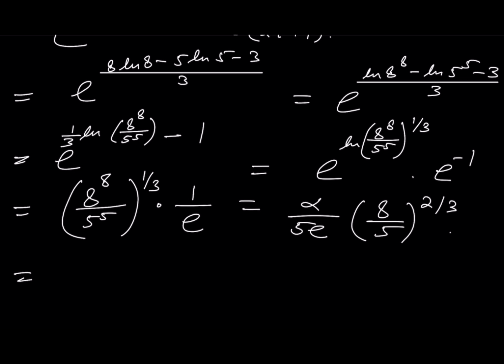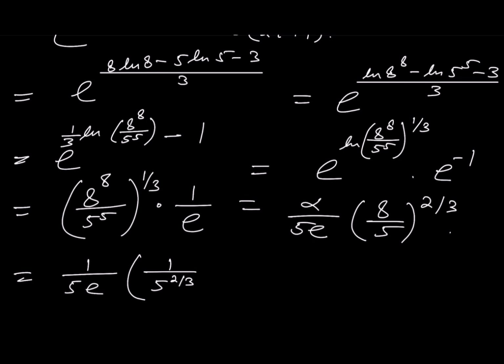So outside I can write 1 by 5e. But this 5 to the power 5 actually has whole power 1 by 3. So if I write 5 outside, then inside it will be 1 upon 5 to the power 2 by 3, because 5 to the power 2 by 3 into 5 to the power 1 is 5 to the power 5 by 3.